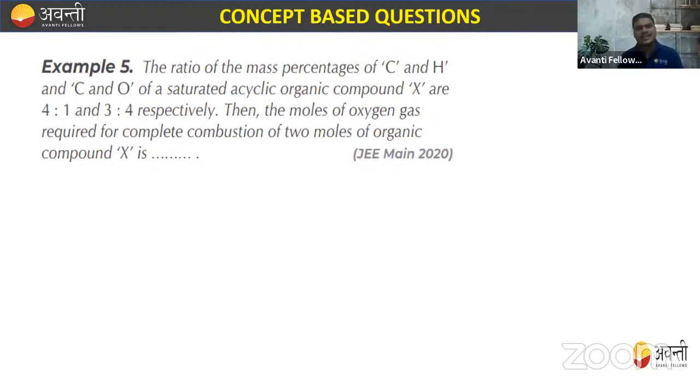Then the moles of oxygen gas required for the complete combustion of 2 moles of organic compound X is?